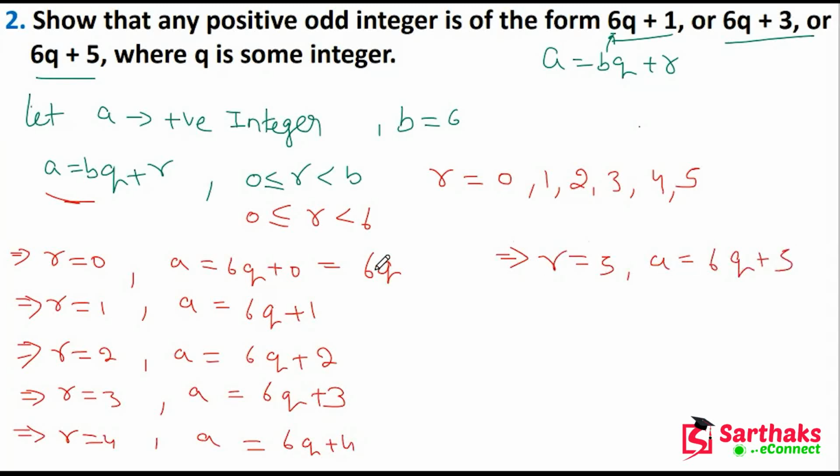Now if a is equal to 6q, 6q plus 2, or 6q plus 4, listen to me very carefully, a is an even number, because 6q, 6q plus 2 and 6q plus 4 can be divided by 2.